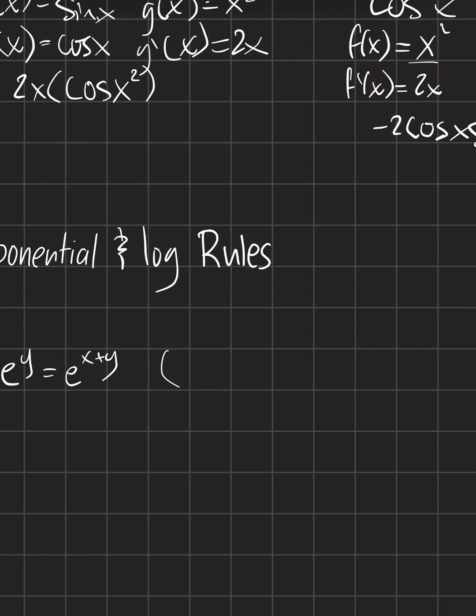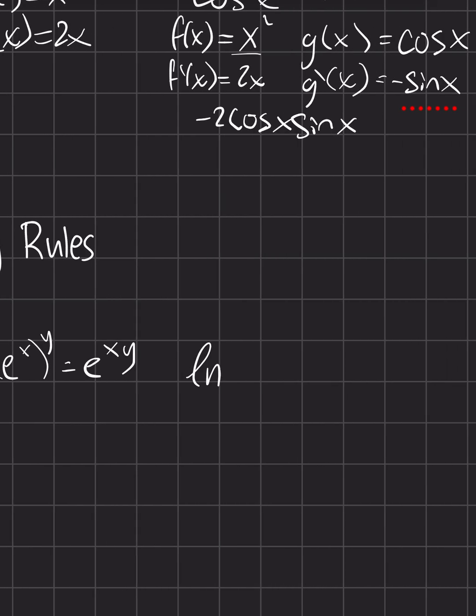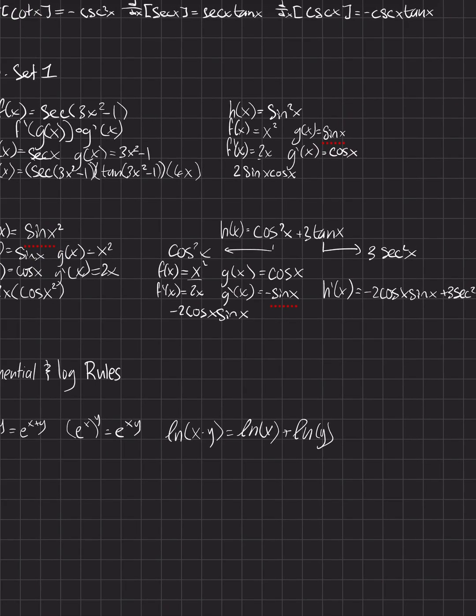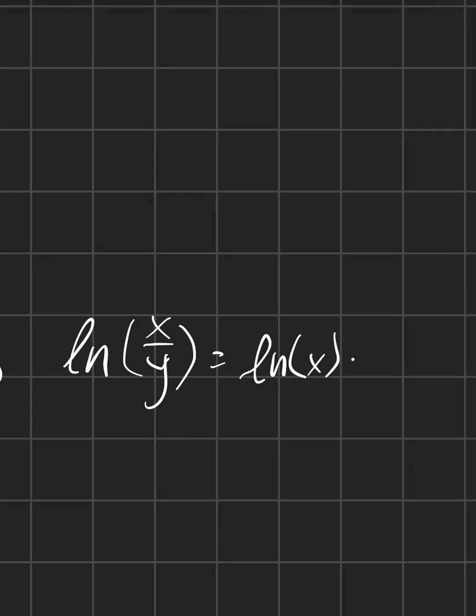If you have e to the x raised to the y, that's going to be equal to e to the xy. If you have ln of x times y, this is equal to ln of x plus ln of y. And if you have ln of x over y, this is equivalent to ln of x minus ln of y.